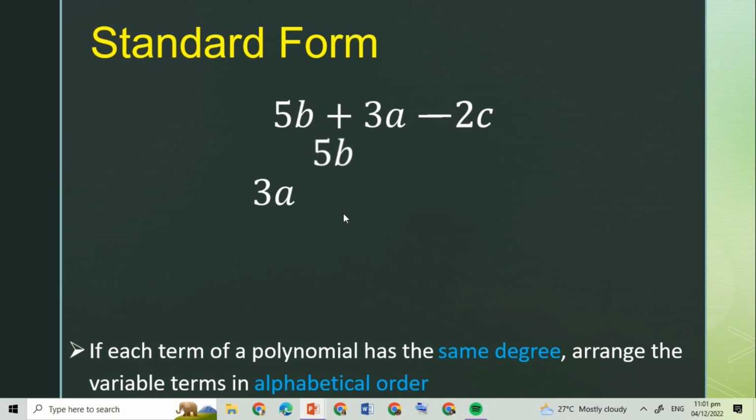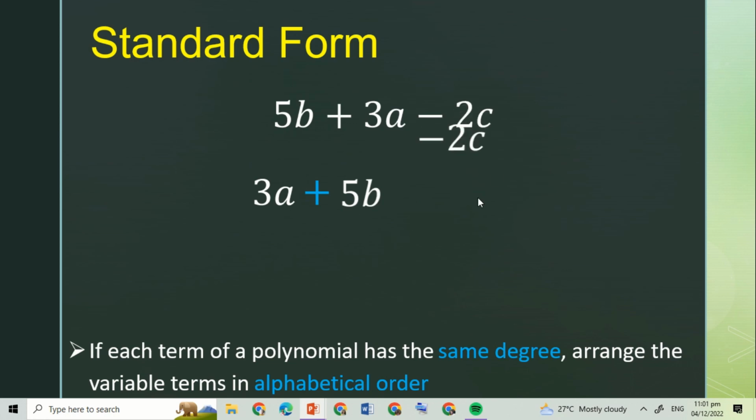Next is 5b. So to separate 5b from 3a, we should put the plus sign since it has no sign. If it has a negative sign, we should put negative.